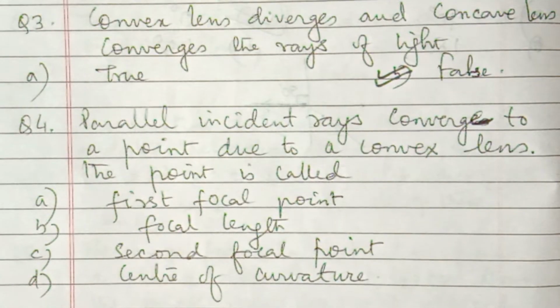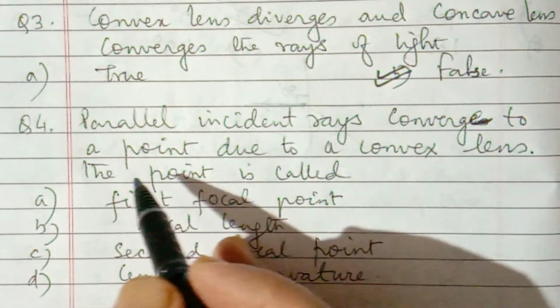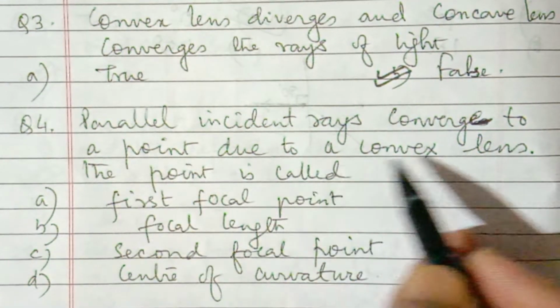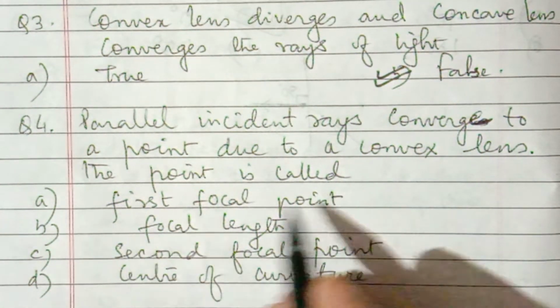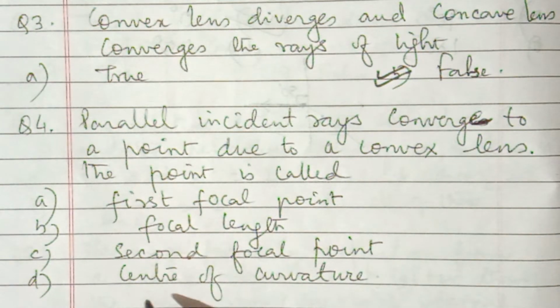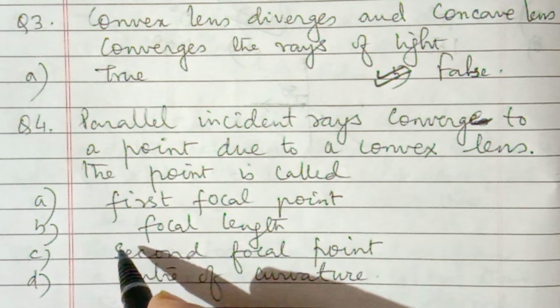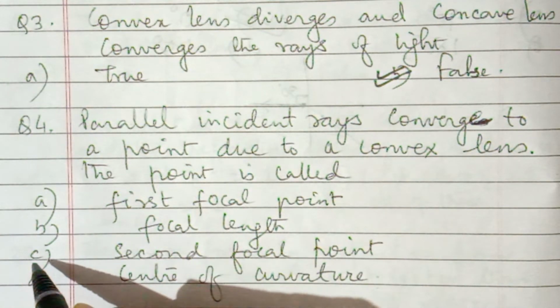Okay, question number 4, parallel incident rays converge to a point due to a convex lens. The point is called first focal length, second focal point, or center of curvature. So it is the second focal point, or second focus.